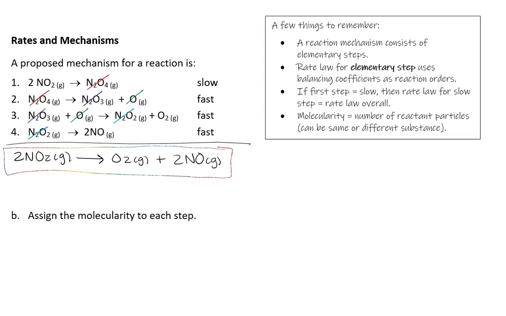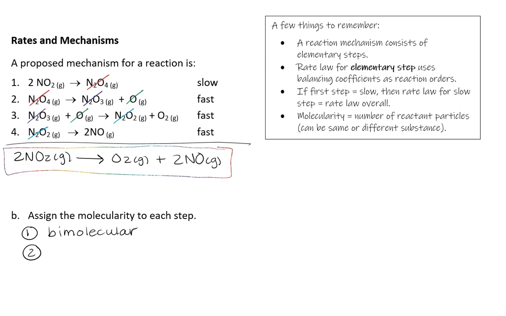The next thing we'll do is assign the molecularity to each step, and this is as simple as counting the number of reactant particles. So for step number 1, we have 2 molecules of NO2, so that means that the molecularity there is bimolecular.